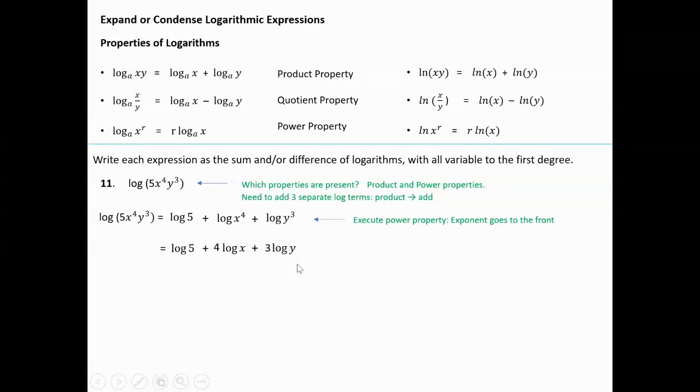So this is the result: log base 10 of 5 plus 4 log base 10 of x plus 3 log base 10 of y is equivalent to log base 10 of parentheses 5x to the 4th power, y to the 3rd power. This is called a single log. This is called expanded log.